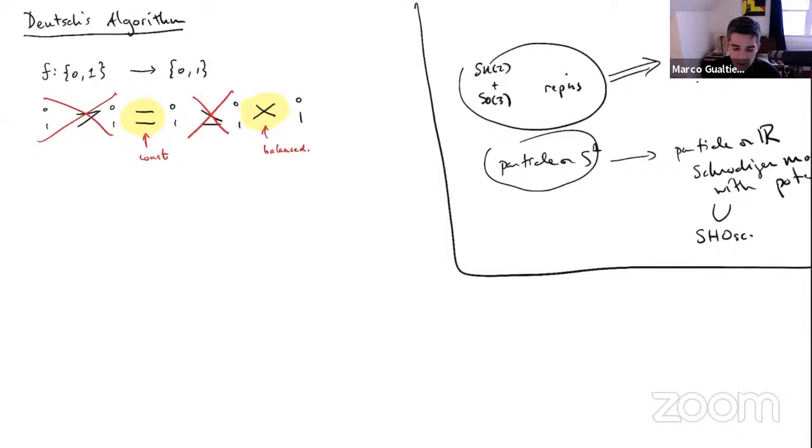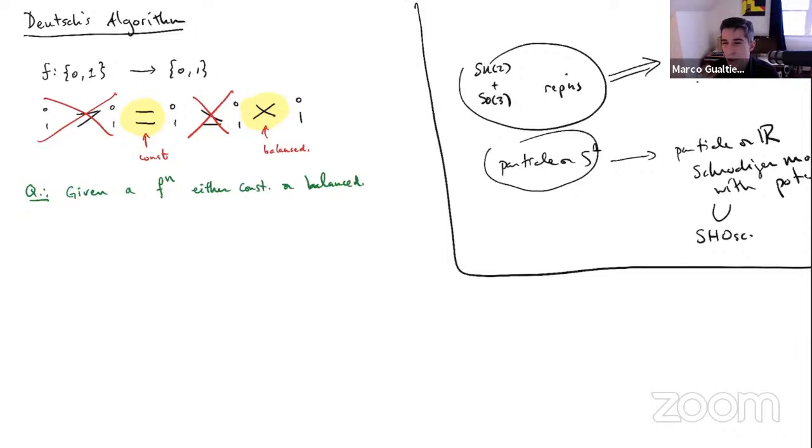So if I gave you a function f, here's the question: given the initial data of such a function, which is either constant or balanced, and I'm assuming that these are exclusive categories.